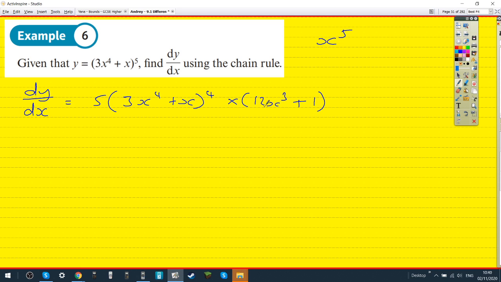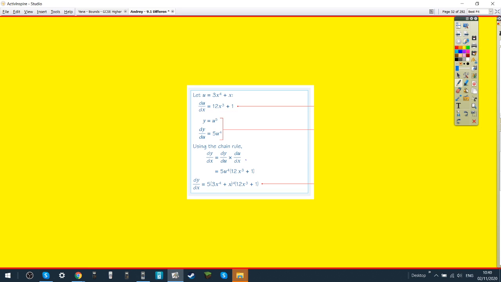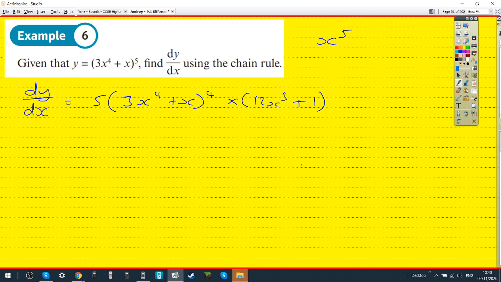And so you multiply by the derivative of the function inside the function. So 5(3x^4 + x)^4, and then 12x cubed plus 1.